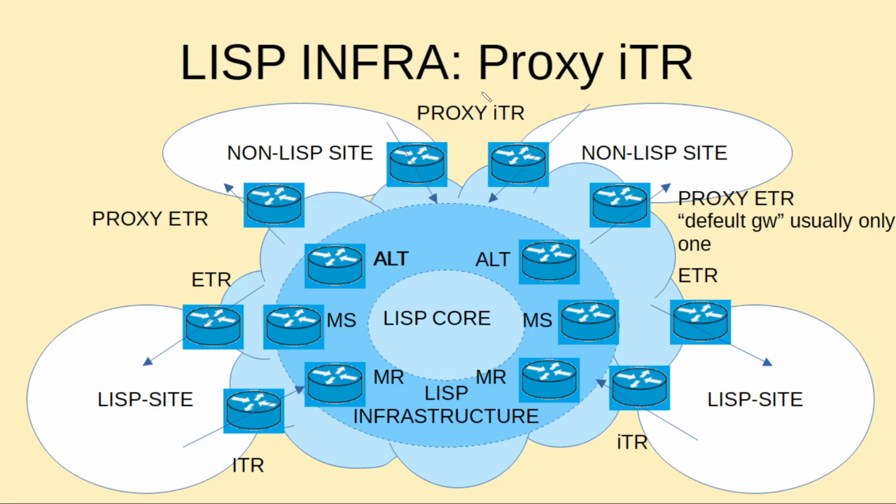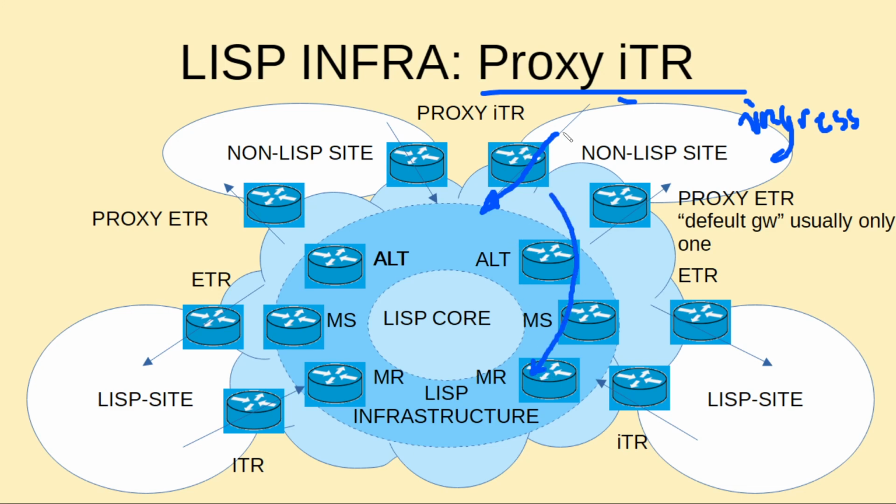Next, we have proxy ITRs. The I comes from ingress because they are going to be routers that manage traffic that comes from non-LISP sites into the LISP core. The proxy ITRs will have to communicate with map resolvers because they will need to know destination RLOCs for destination endpoint IDs.